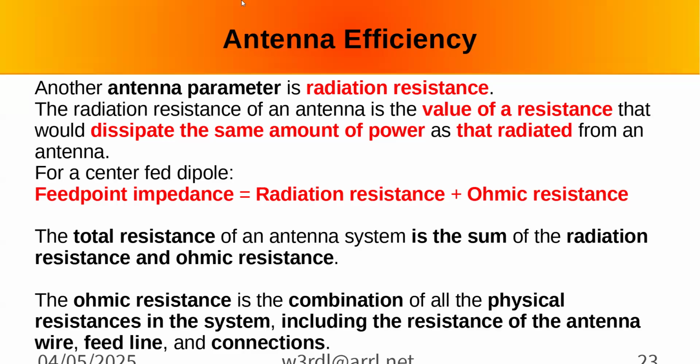And you have that in the sum of the ohmic resistance, because there's some real resistance loss in the antenna itself, depending on what the material is, especially if it's aluminum. It's not as good a conductor as copper or silver. So the feed point impedance will wind up being the sum of the radiation resistance plus the ohmic resistance.